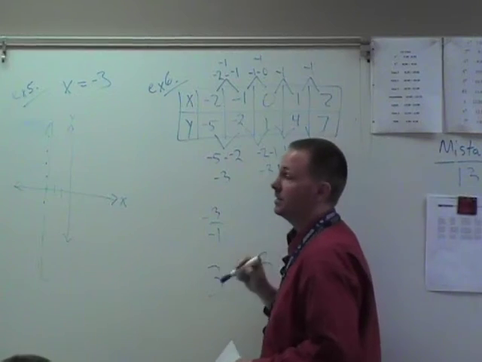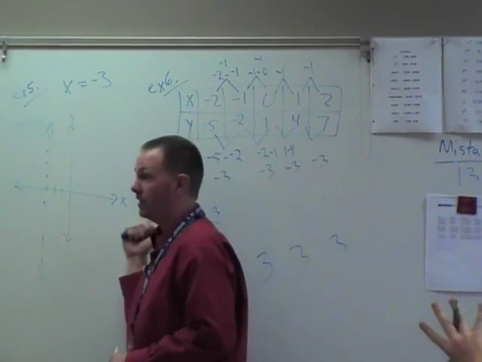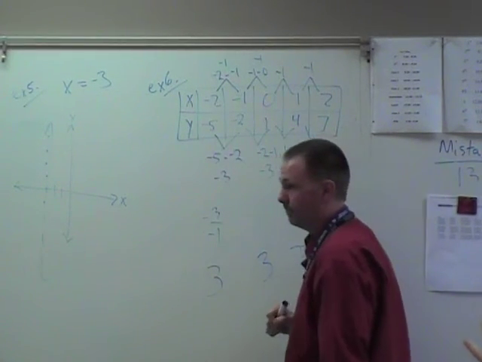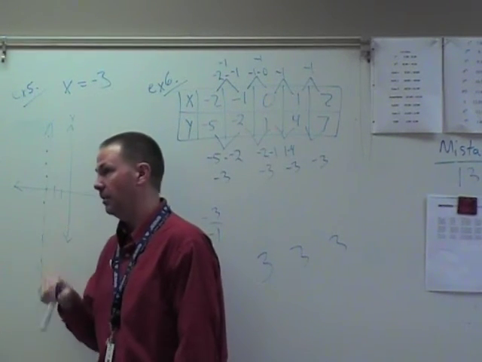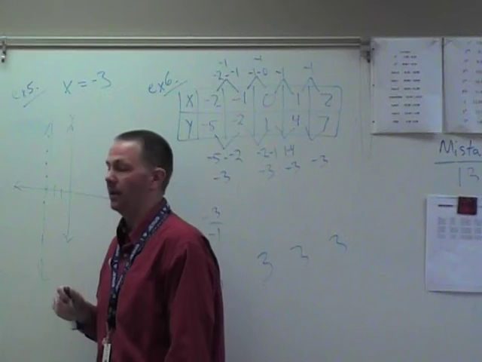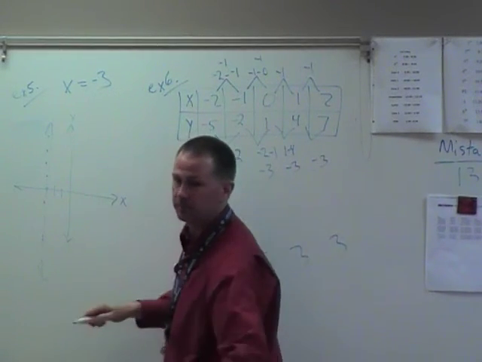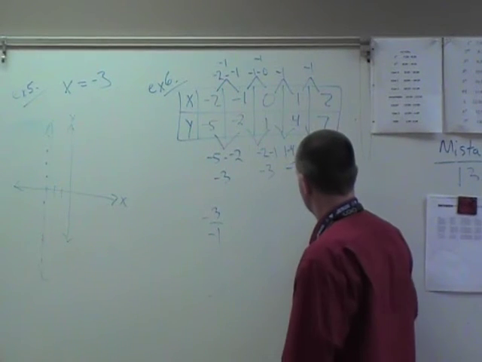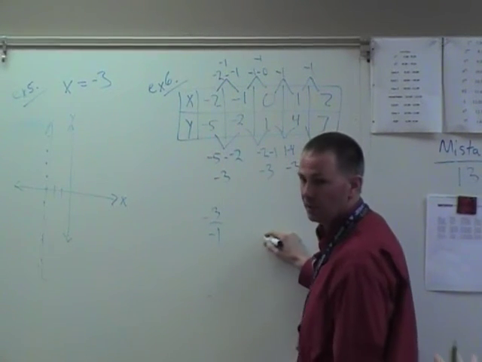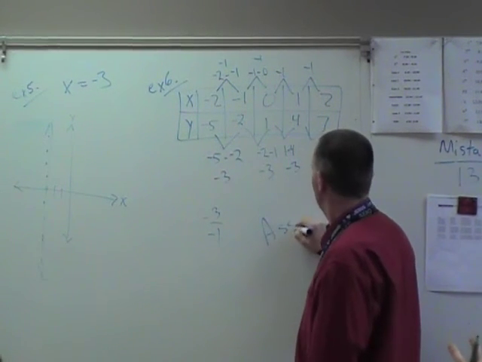What you're going to find is that the rate of change is a constant. They should be the same. But you have to verify it. If you get something different, then recheck your math.